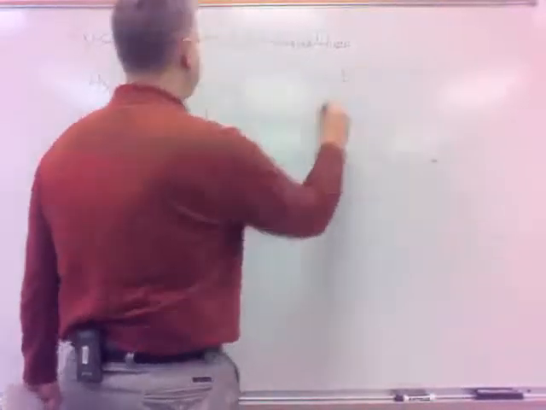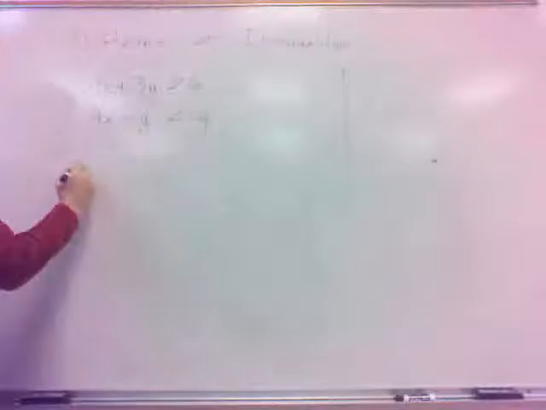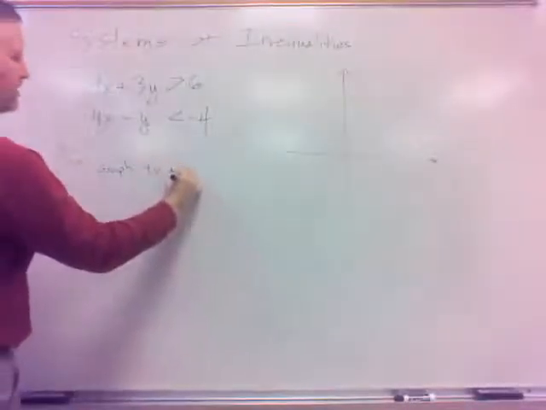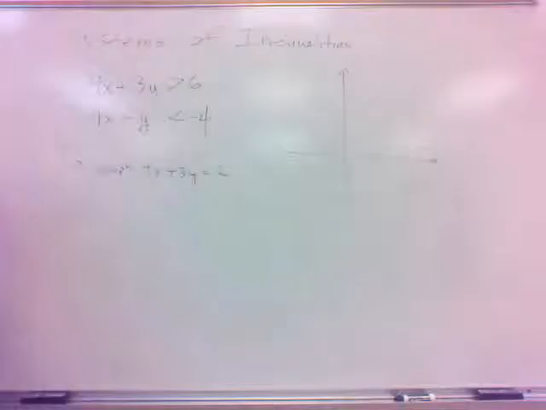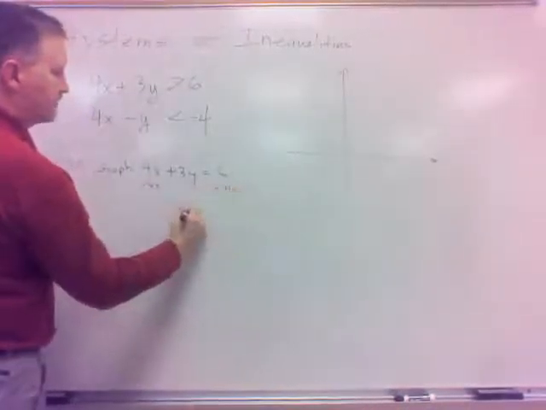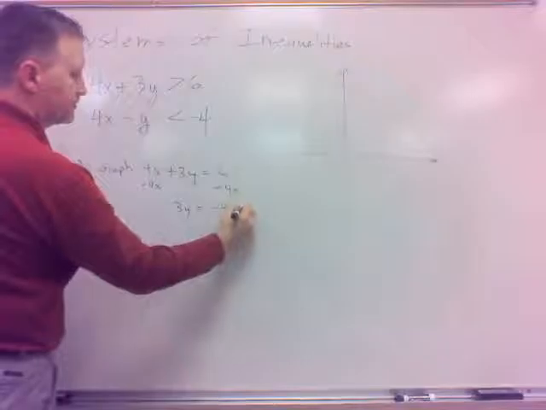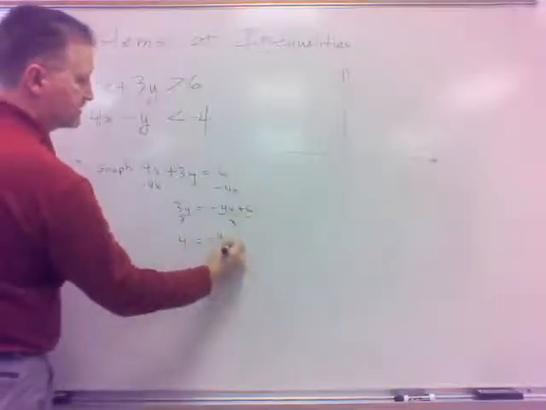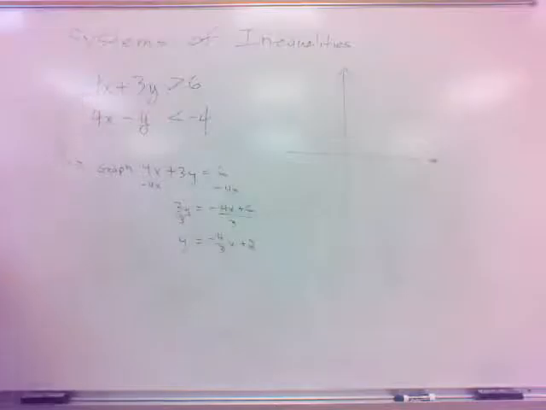I think I'll change gears here. Let me talk about this one. Let's graph 4x plus 3y equals 6. Let me do it this way. Subtract 4x and divide by 3. So you get y equals -4/3 x plus 2. Both those divided by 3.